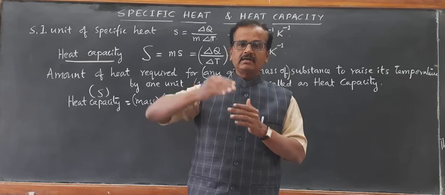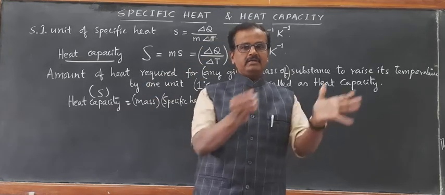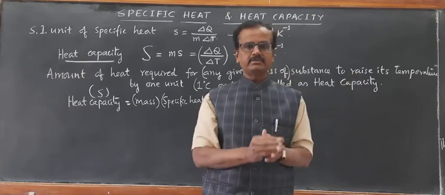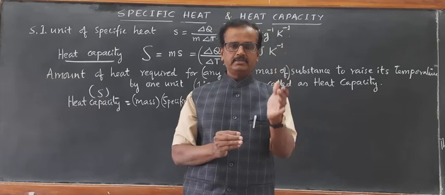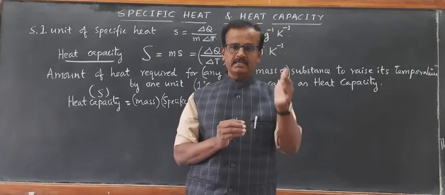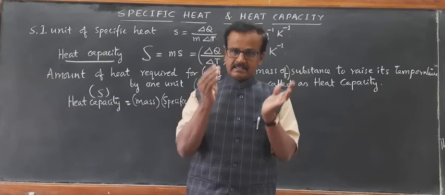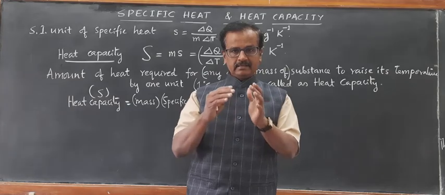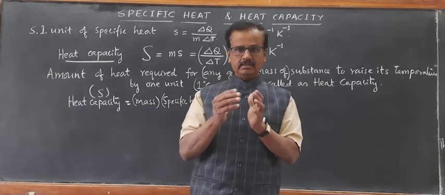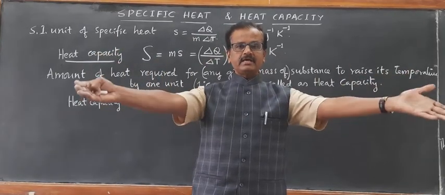If the same hot water is now kept for cooling, take out the burner and keep the same vessel for cooling, slowly the temperature starts falling. Mercury level starts decreasing in the thermometer. When the temperature is decreasing, the heat content of that water is released to the surrounding, which is at lower temperature.